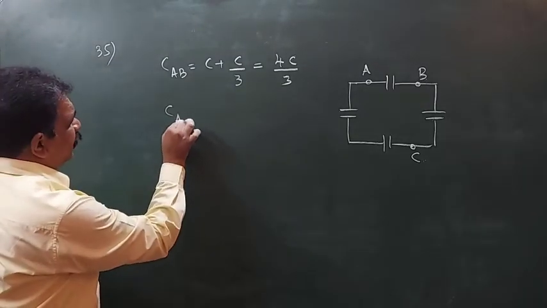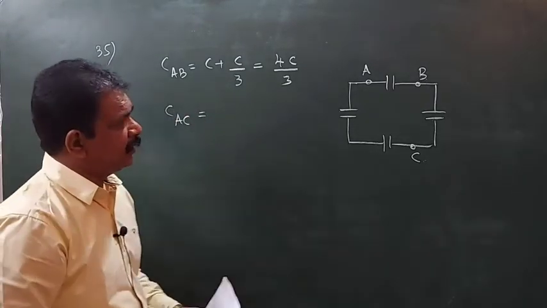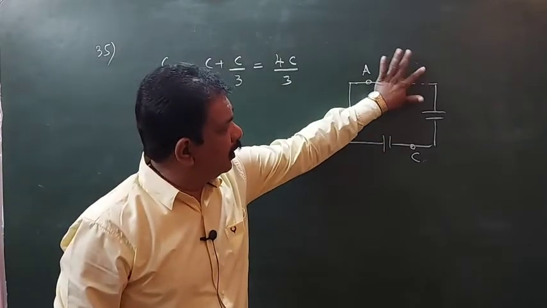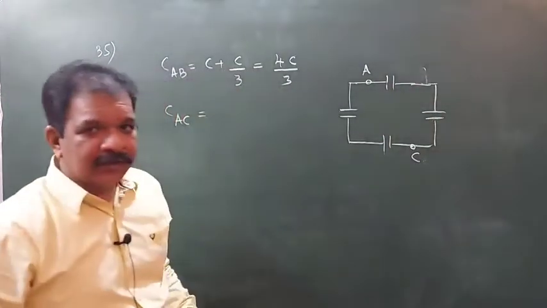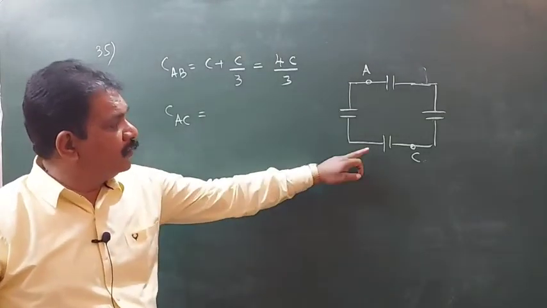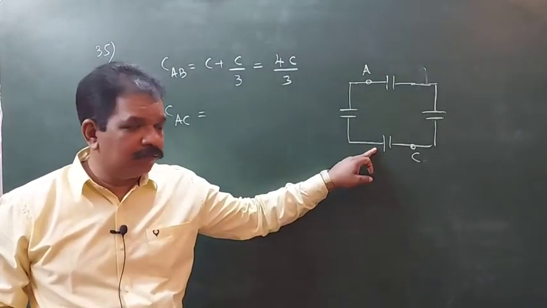If we take across AC, then what will happen? These two will be in series, giving C by 2. These two will also be in series, giving C by 2.